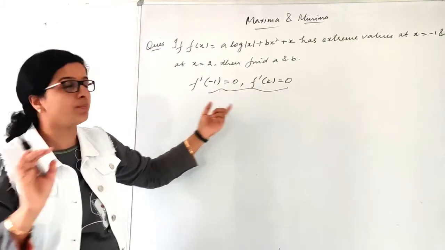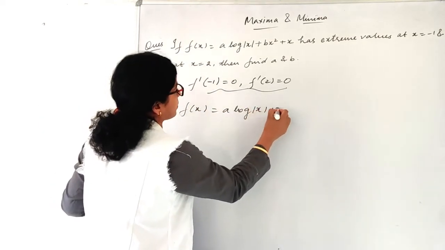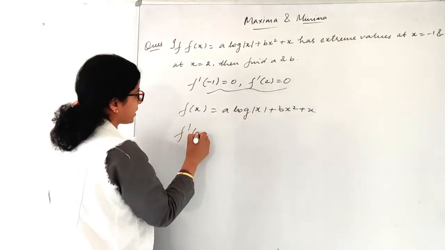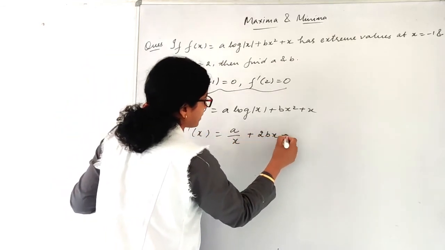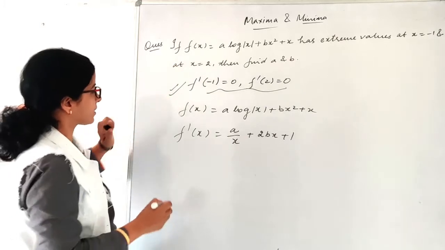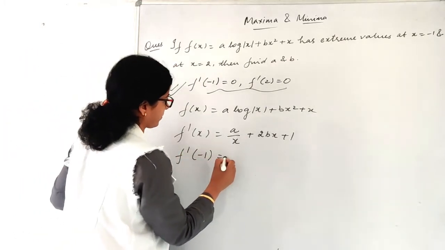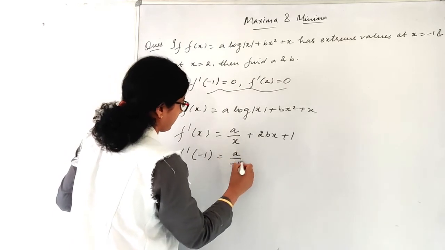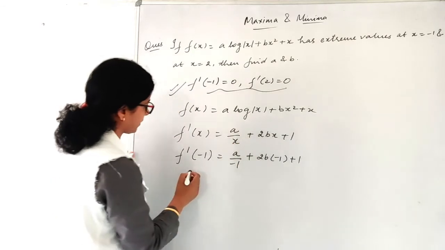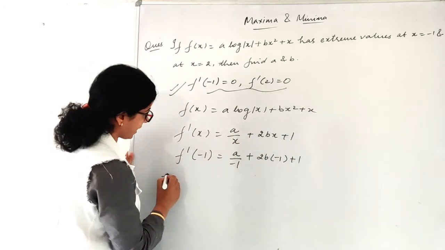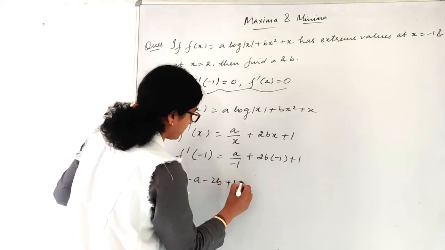We are going to utilize these two conditions and get two equations in a and b and find the values of a and b. So we have f(x) is equal to a log x plus b x square plus x. f dash x is equal to a by x plus 2bx plus 1. Now we are going to use this condition. So this implies minus a minus 2b plus 1 equals 0.